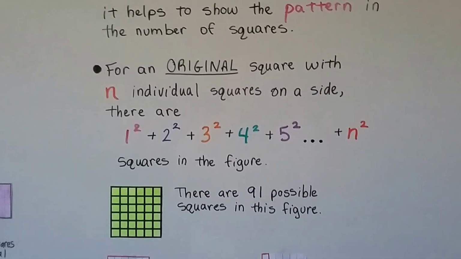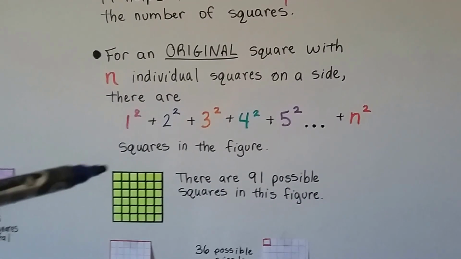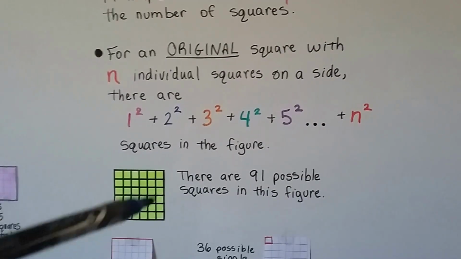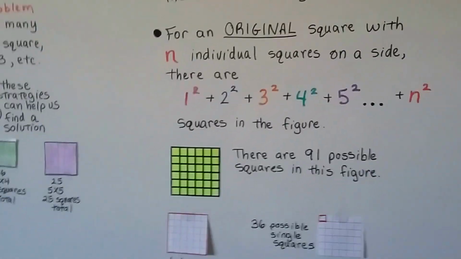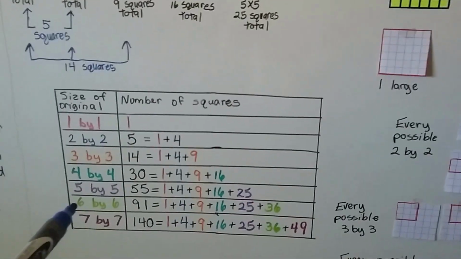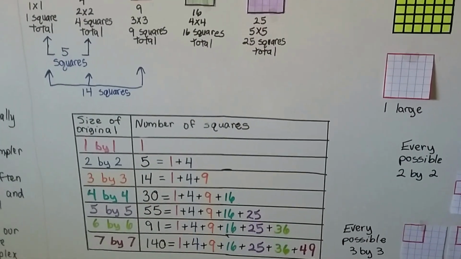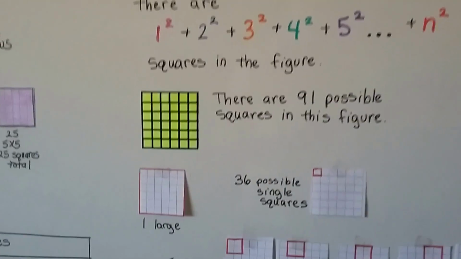And that's how many squares would be in the figure. So in this 6 across and 6 down, we know there's 36 individual ones inside, but there's 91 possible squares in this figure. According to our table, when we get to the 6 by 6, there's 91 possible squares that we could find. Now, if you're still confused about what I'm talking about with possible squares, imagine it this way.